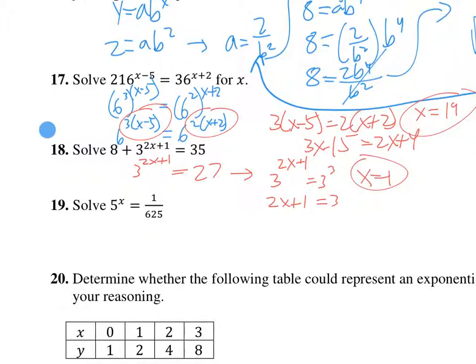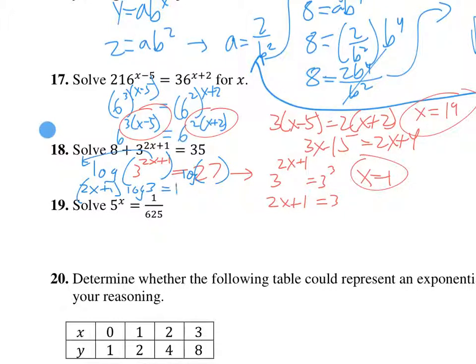Okay? Another way you can do this is you could take the log of both sides. We could come back here, take the log of this and the log of this. We can take that exponent down there. Okay, this is going to get a little uglier, but it works.